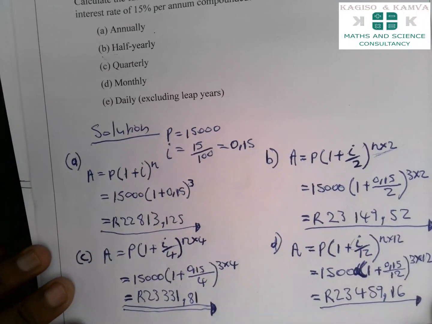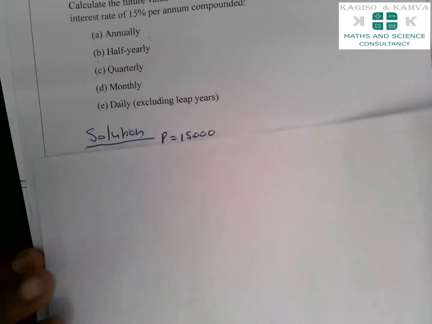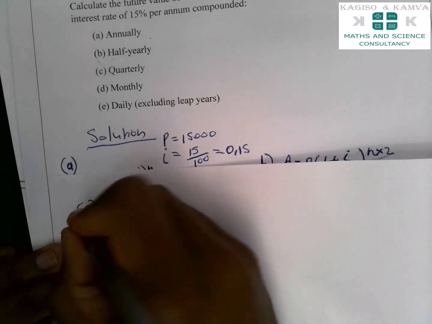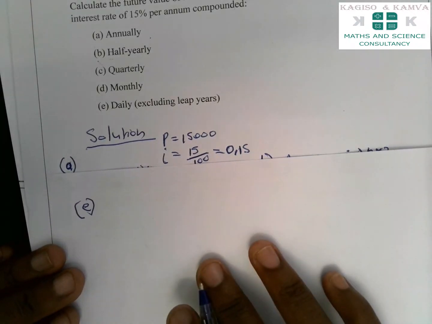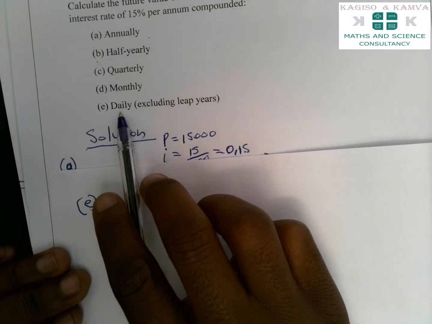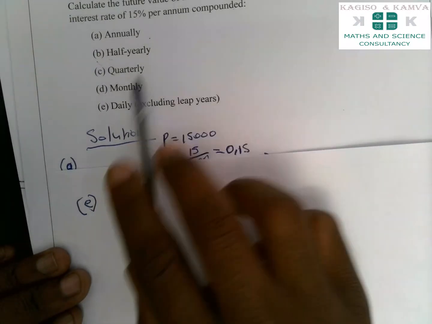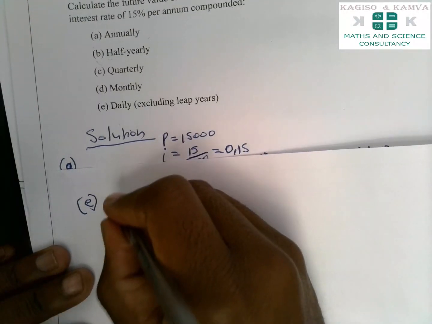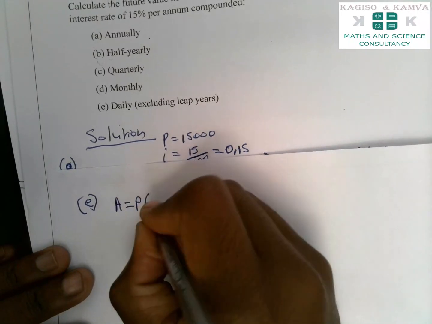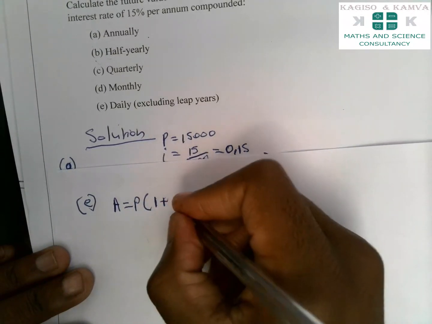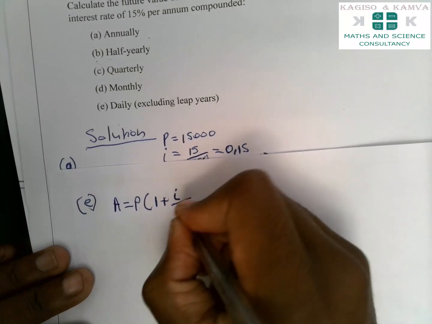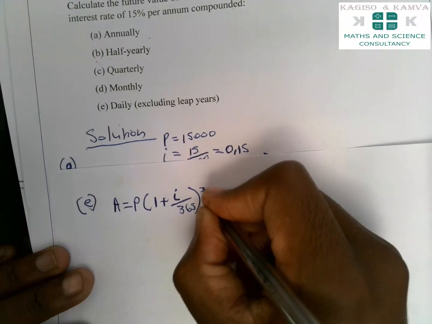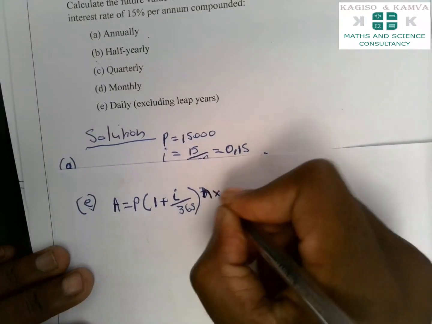For E, when it is compounded at an interest of 15% per annum, compounded daily, that will be A equals P into (1 + i over 365), and then we have n, the number of years, times 365.